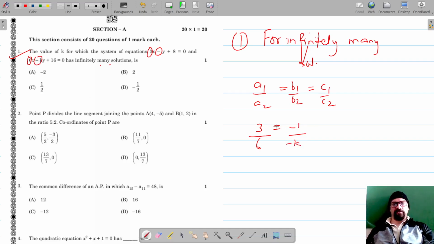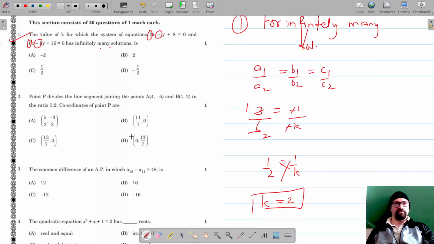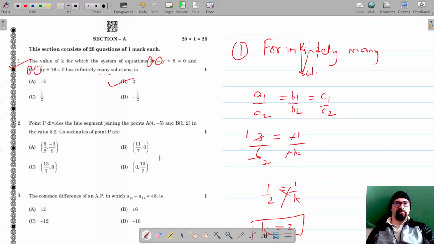So let's just stick to these two only, because this will give us the value of k. So this is 1 by 2, and 1 by 2 is equal to 1 by k. So we cross multiply this, the value of k is 2. So answer for this is B. So B is the correct option for this.